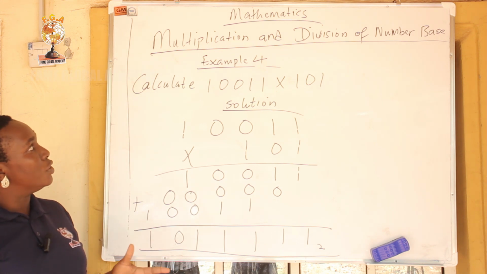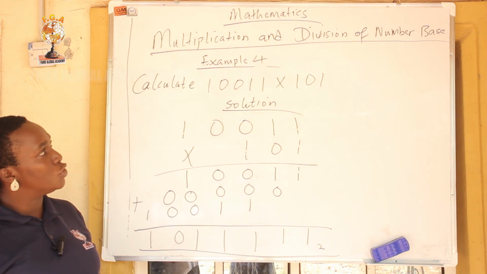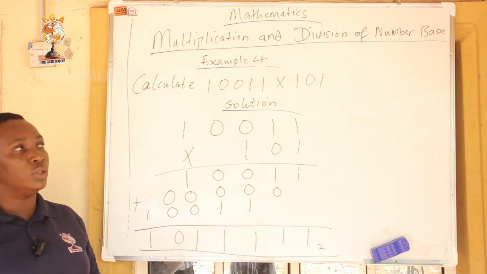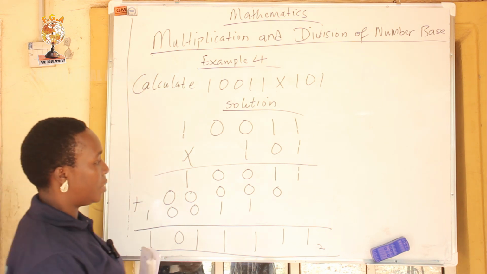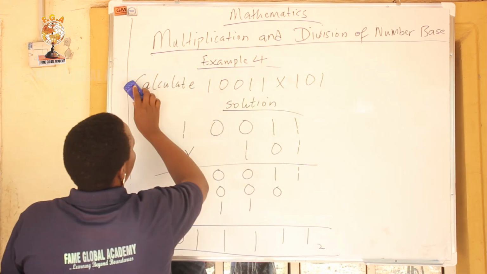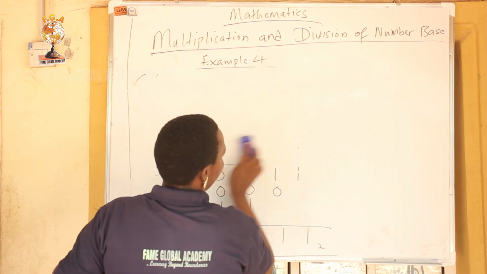So I think we have done enough examples under multiplication. So let's go to division of number base. So that will be example 5, division of number base.